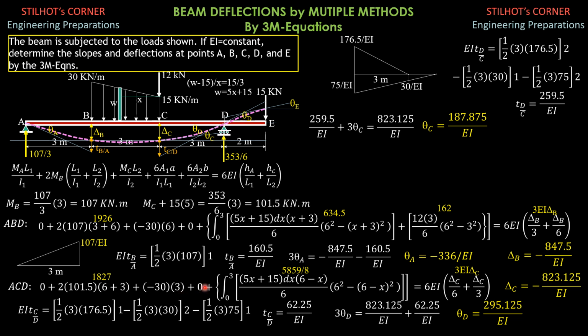Then plus the value of 6 area 1A over L1, I1, so 6 area 1A, and that is equal to the integral of differential force times A. A is the distance of the strip from A over L, quantity L squared minus A squared.